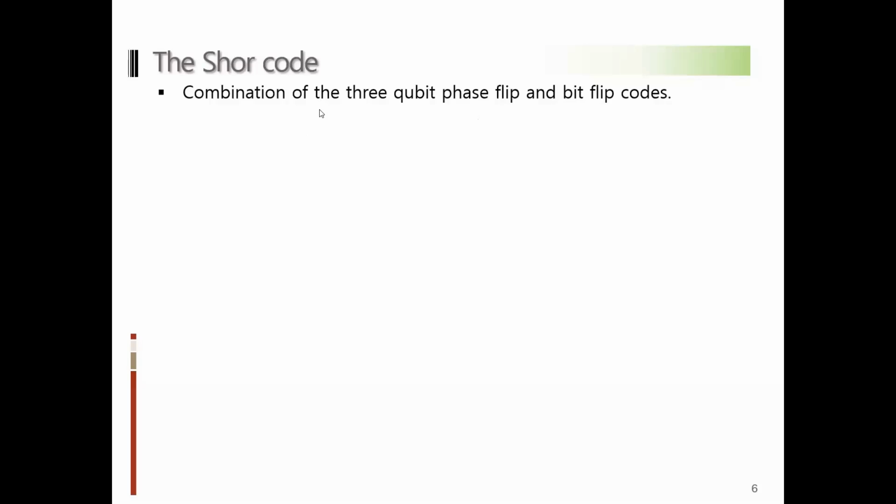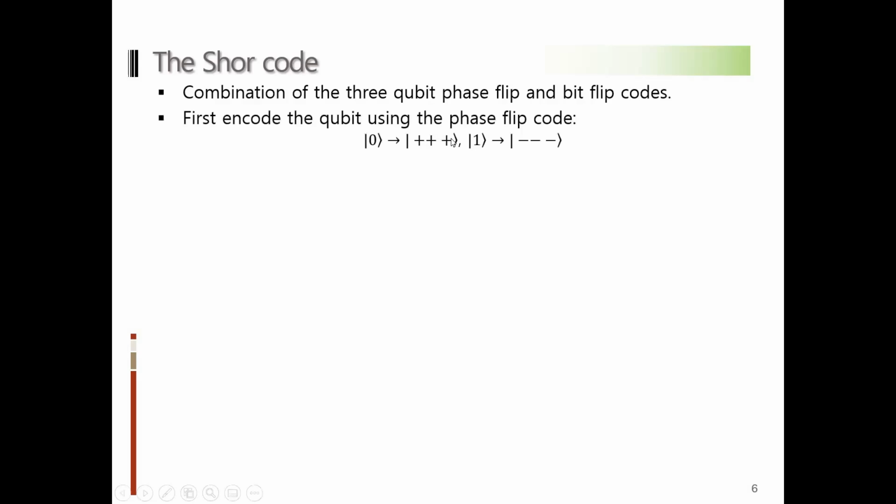The answer is by cascading two types of encoding in series. Because we want to detect the phase flip, we will first convert the zero state to plus plus plus or minus minus minus.